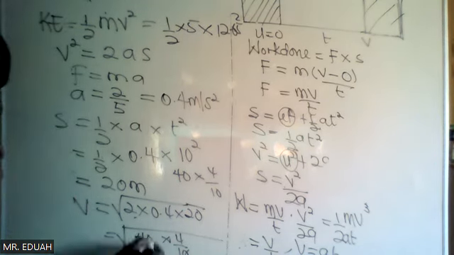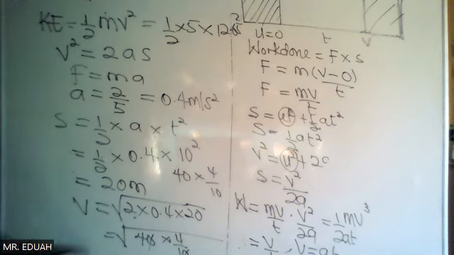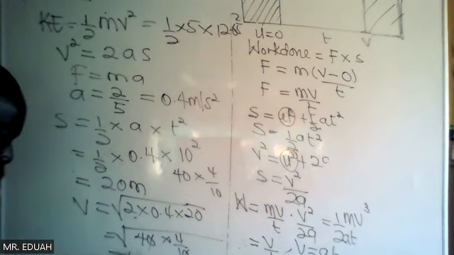And so you have root of 16, and root of 16 is 4 meters per second. The velocity must be 4.